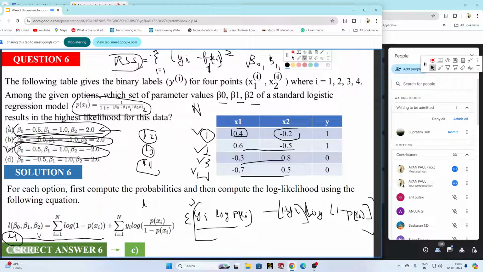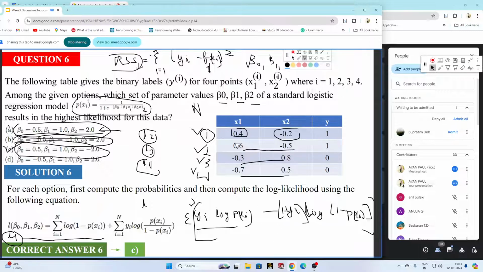Similarly, we will find log likelihood L2. How? We will put these beta values here: now our beta values will be minus 0.5, minus 1 and 2. For point 1, that is 0.4 and minus 0.2, we will find p(x_i) and then the likelihood.